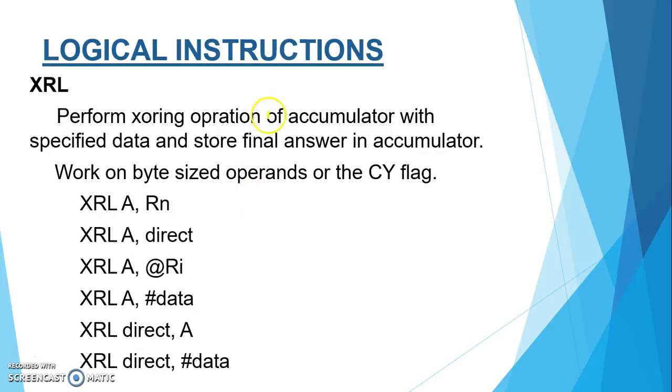In the first four formats, the destination register is always the accumulator. Can you see that? That means whether you do an arithmetic operation or a logical operation, the destination register has to be the accumulator. You cannot write XRL B comma Rn, right? So that is something to be kept in mind.